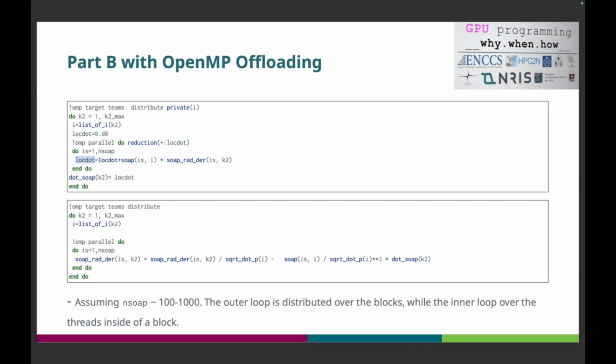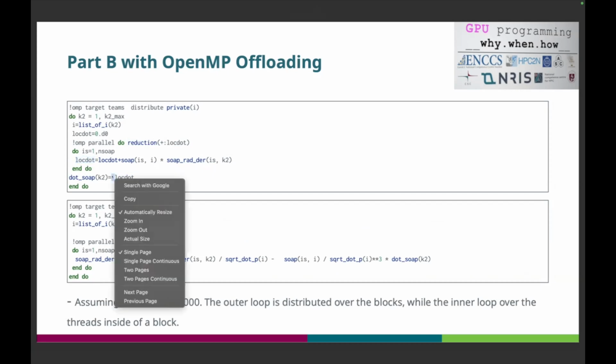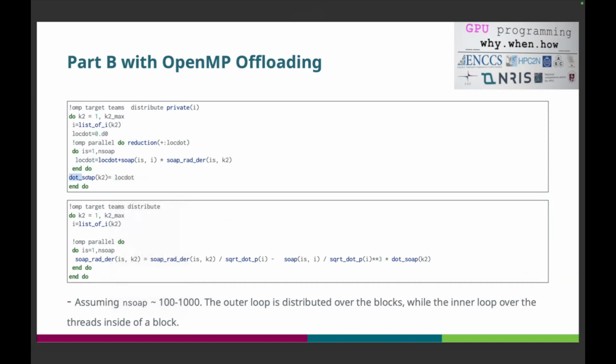Now, of course, I can also write this as a loop, and this is what we do in our code. We wrote the reduction ourselves, but this also works, and depending on the compiler, it is fast or slow. And now that this is finished, we save the dot product value into a global array and go back to the second part of the loop.